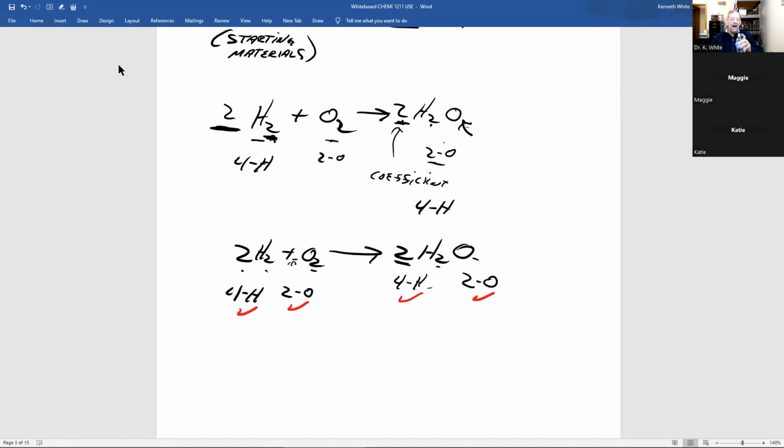So when you react hydrogen and oxygen together to form water, you need 2 molecules of hydrogen to react with 1 molecule of oxygen to make 2 molecules of water. And that's how you balance a chemical equation.